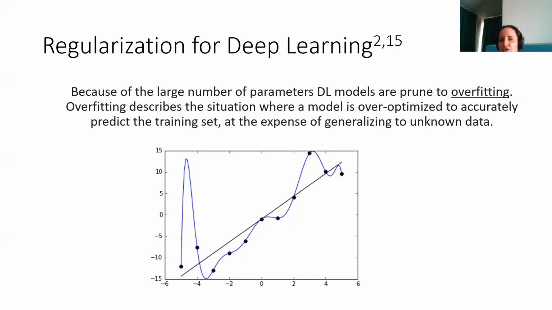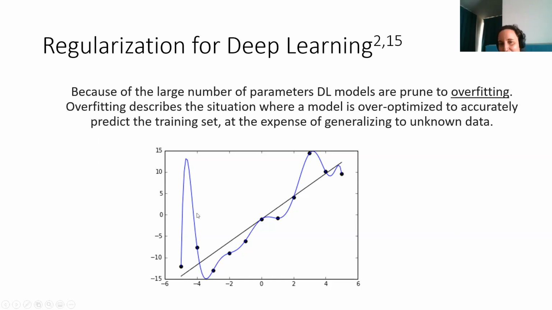We'll see in other tutorials a little more of the theory behind overfitting, but basically it describes the situation where the model is over-optimized to accurately predict your training data at the expense of generalizing to unknown data. For example, assume you have training data that look like the black points in the graph here, and assume you have a lot of them, more than what we have here.